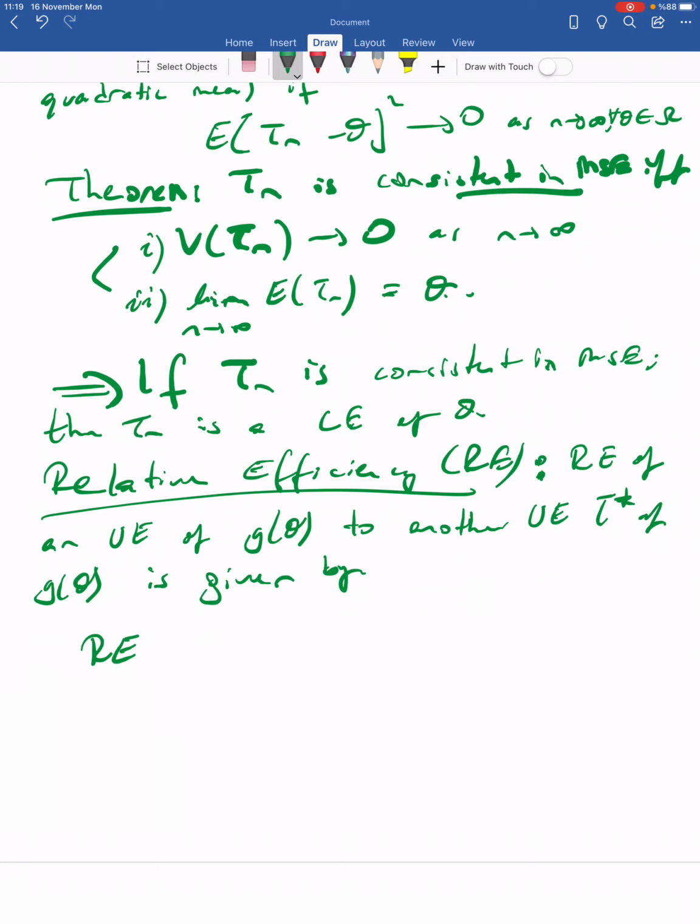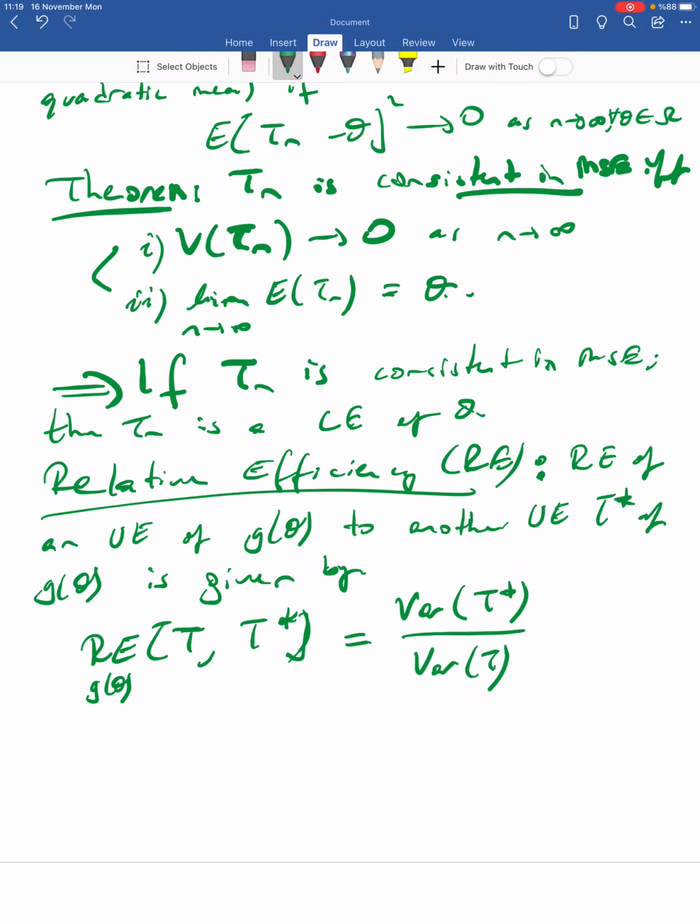The relative efficiency is the variance of T star over the variance of T. So unbiasedness is a good property, and we put the variance of the unbiased estimator in the denominator to see which one is better.